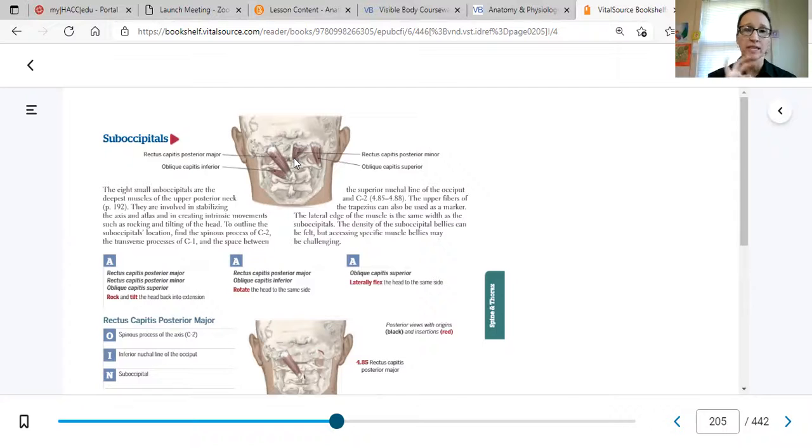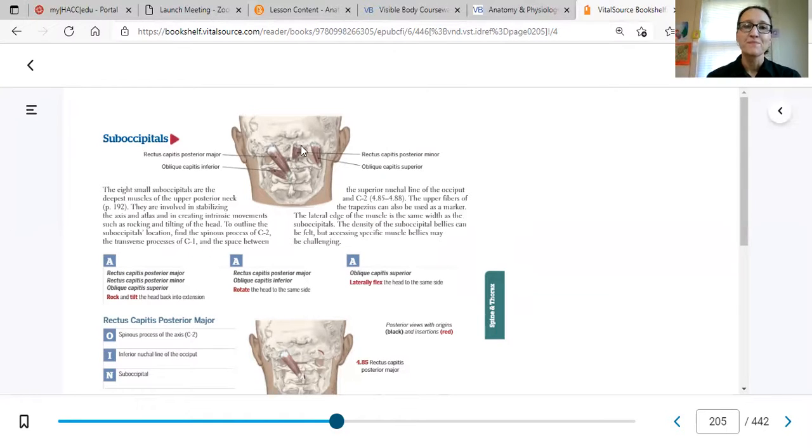There are 3 layers of protective coating around the spinal cord. The outer layer is called the dura mater, and dura means tough. Mater means mother. So it literally means tough mother, which I love. Of all the things to name, we name this one tough mother.